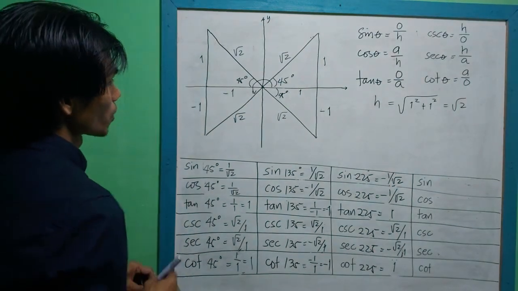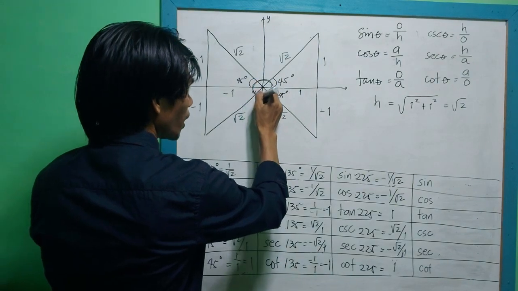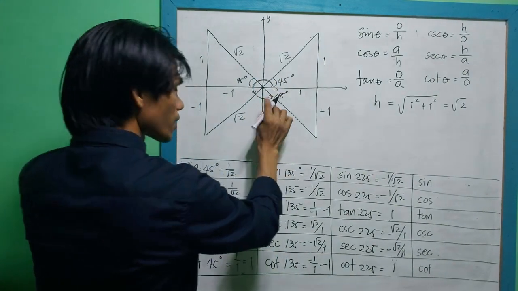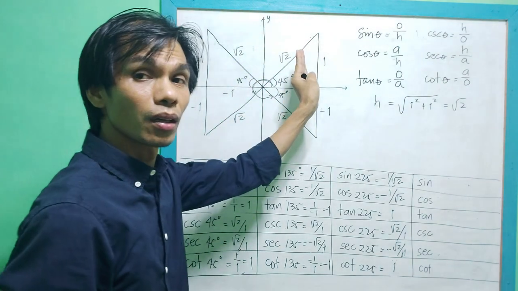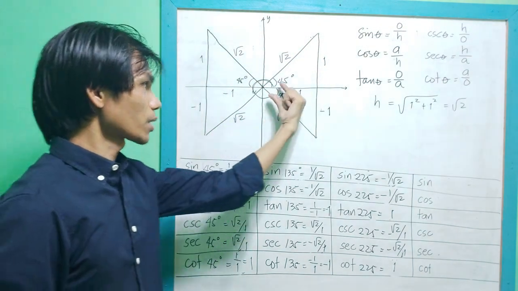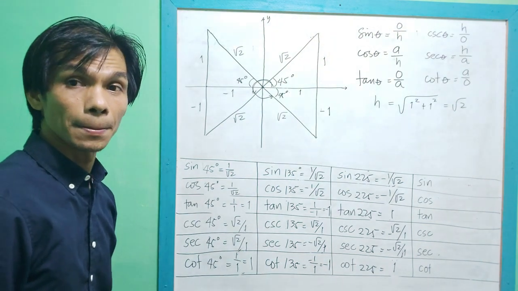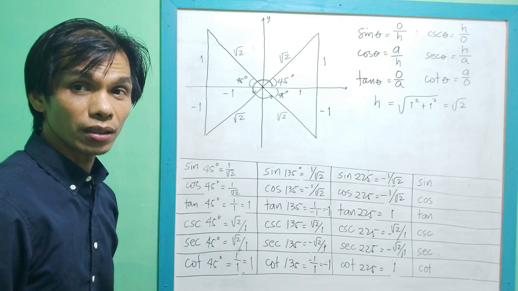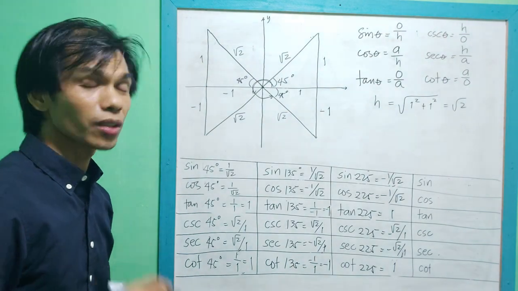Okay? So, titingnan natin dito, anong angle to? Mula dito sa positive x-axis hanggang dito. Kung 360 to, minus 45, kasi 45 yan, ilan? So, i-calculate nyo. 360 minus 45.